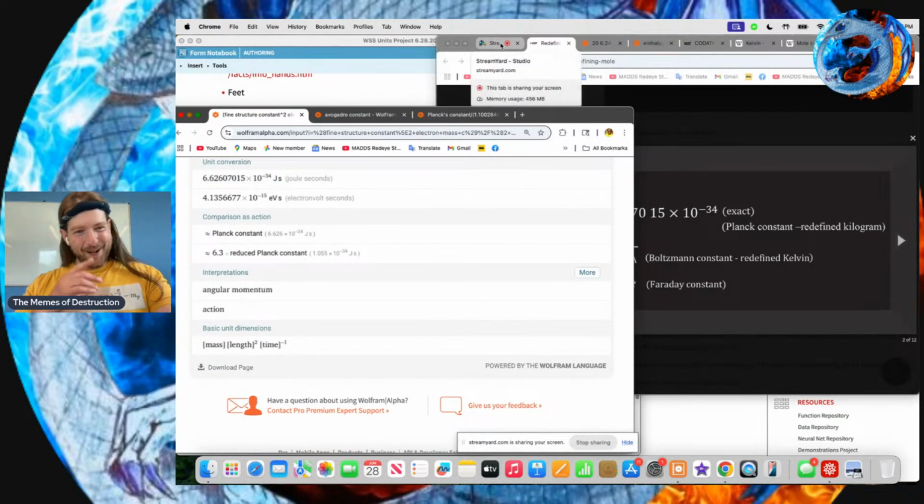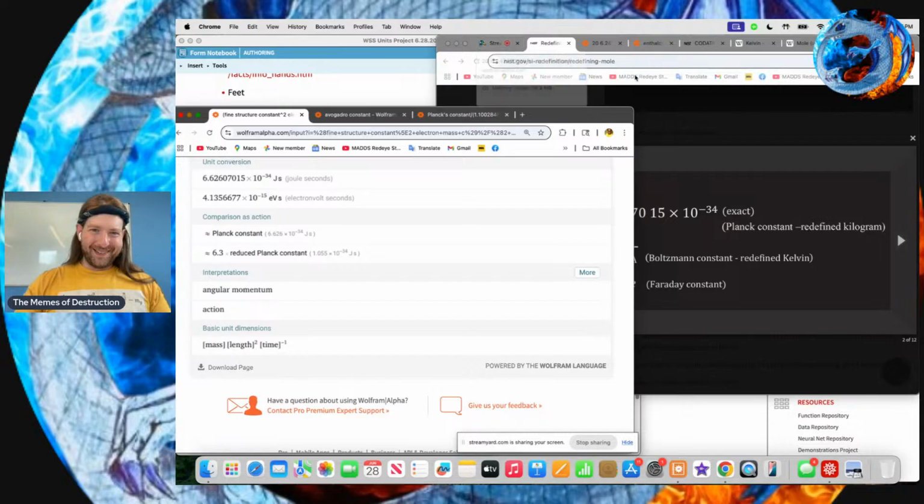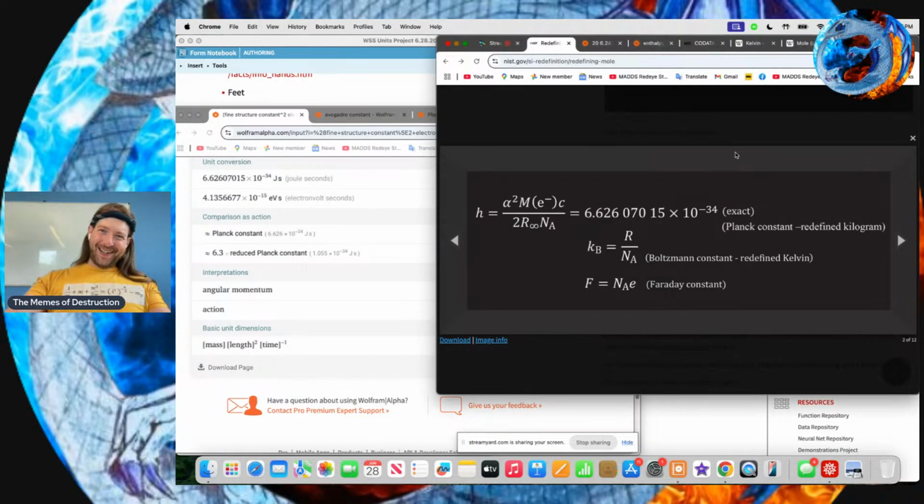Actually, maybe this could be part of the argument: if you want this to actually make sense, you need to divide it by kilograms. Otherwise, the dimensions won't balance on each side. I'm like, well, how can you just divide by the reference? I don't know. NIST and CODATA seem to be doing, or at least NIST seems to be doing that for the mole.